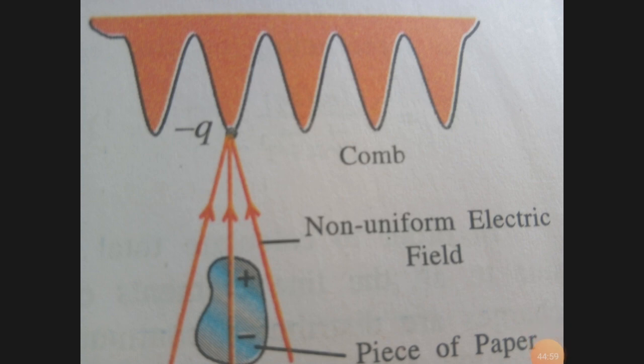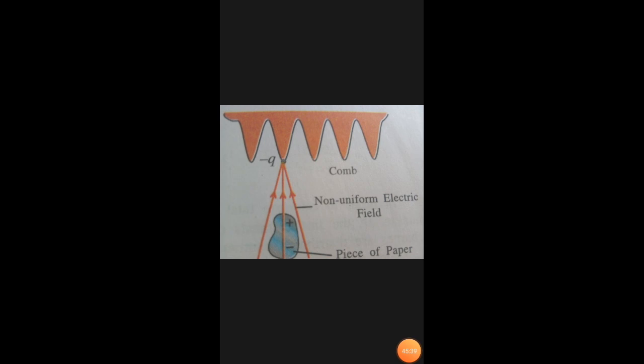Now here, as shown in the figure, the non-uniform electric field labeled here is produced by the charge on the comb, and it exerts a net force on the small pieces of paper towards the comb, and hence they get attracted towards the comb. The direction of field lines is shown towards the comb, showing the attraction towards the comb.